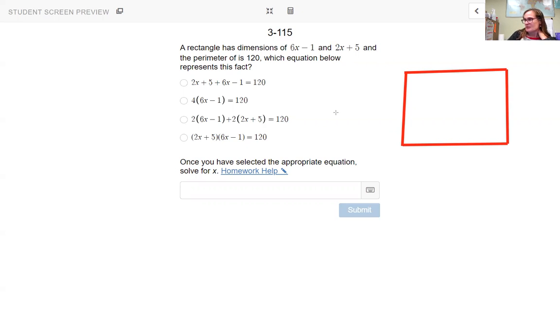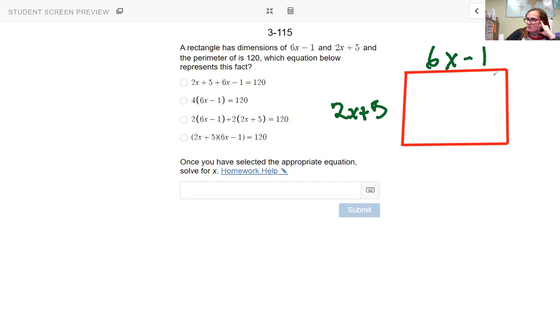So one side will be 2x plus 5, and the other side can be 6x minus 1. All right, so which of these is the equation we should use for the perimeter?